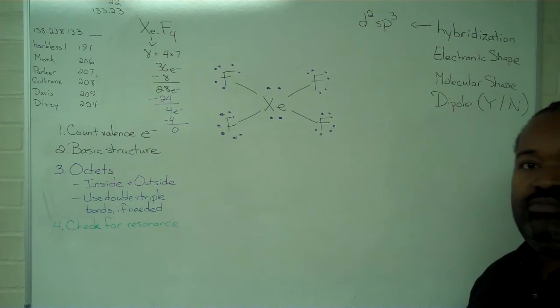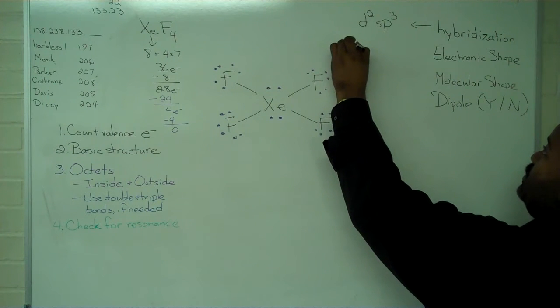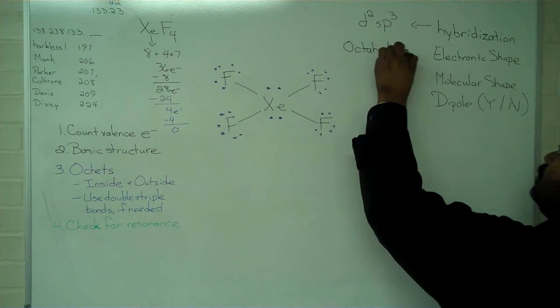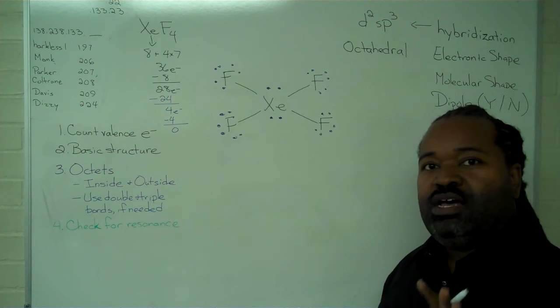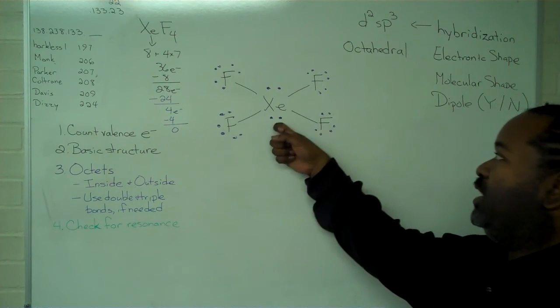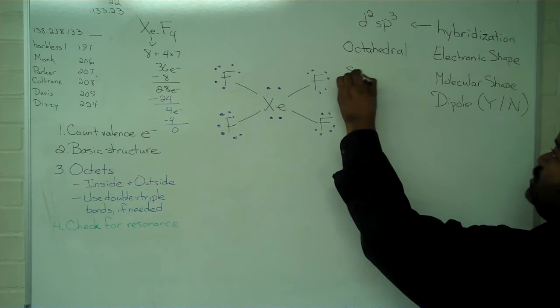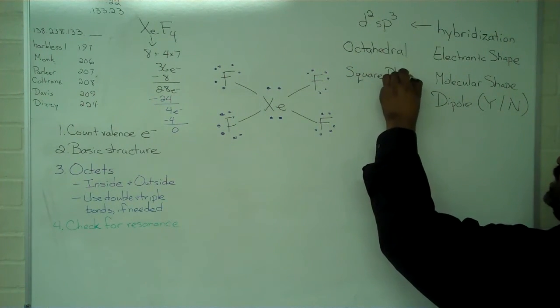The electronic shape comes directly from the hybridization, and that is octahedral. The molecular shape is a result of having octahedral electronic shape with 2 non-bonding pairs, here and here. And so my molecular shape then is square planar.